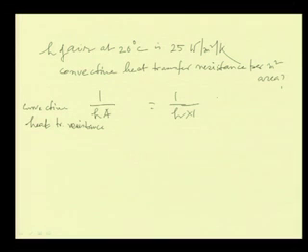So, this is nothing but 1 by 25, and that is equal to 0.04 Kelvin per watt. So, this is the value of the heat transfer resistance.